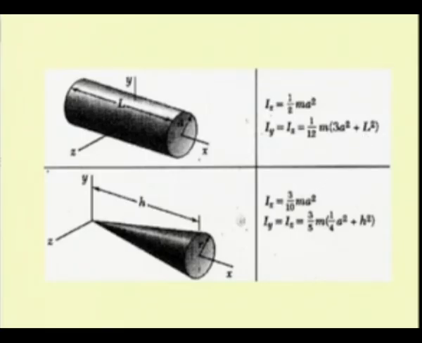Here you see a cone. Again for the axis Ix, it is 3/10 m a square, and for the other two axes, that is y and z, it is 3/5 m times (1/4 a square plus h square).